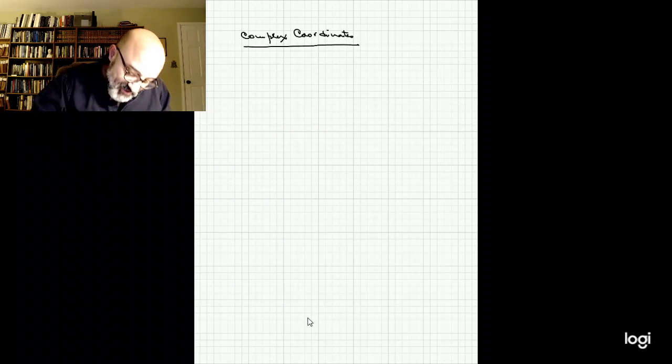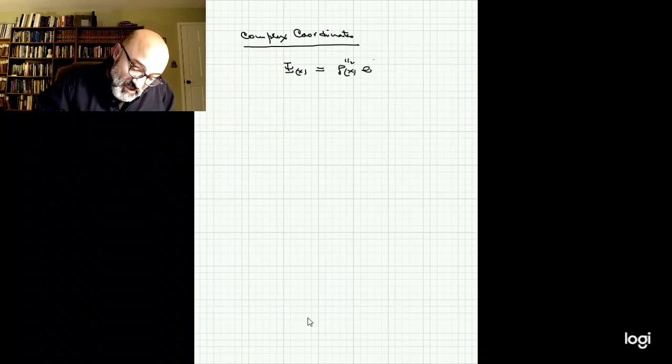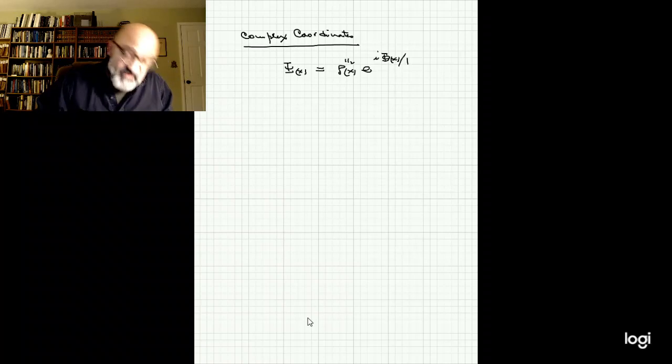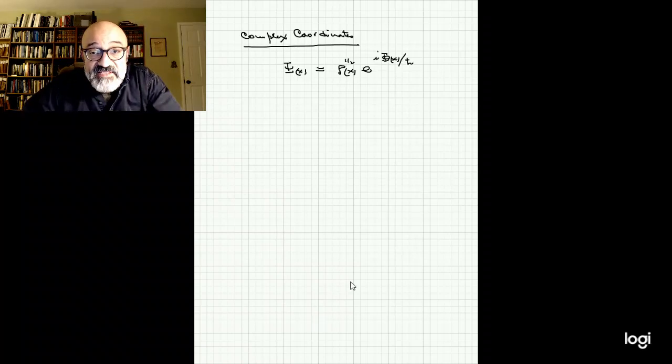And the complex coordinates are going to be the square root of rho multiplied by e to the i phase divided by h. So now this is another undesired place where h appears, and I just included it there for historical reasons.